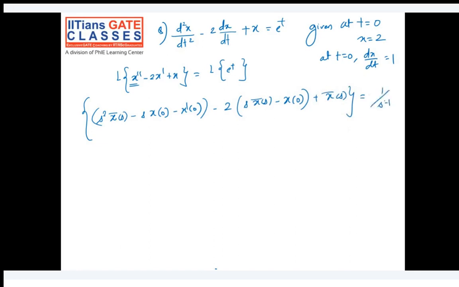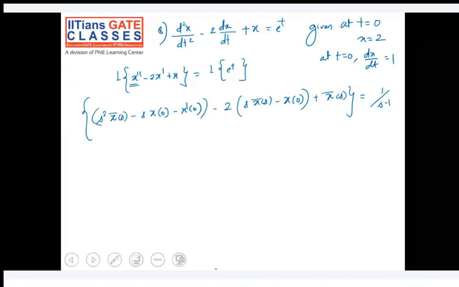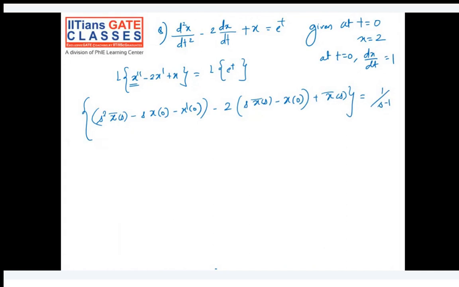So given data at t is equal to 0, x is equal to 2, so x sub 0 should be written as 2, and x dash of 0 should be written as plus 1. Okay, and from the rest of the terms you take x bar of s common. If you take x bar of s common, what is remaining?